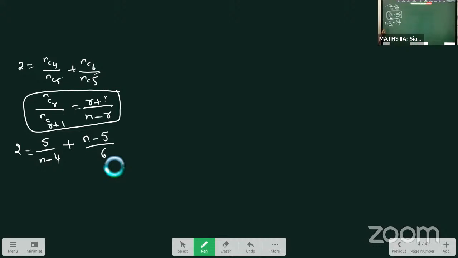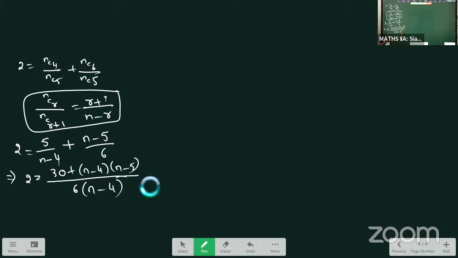Now take LCM. 2 equals, LCM is 6 into (n−4), so here 5 into 6, 30, plus (n−4)(n−5).